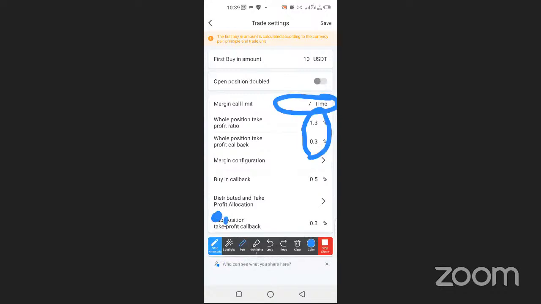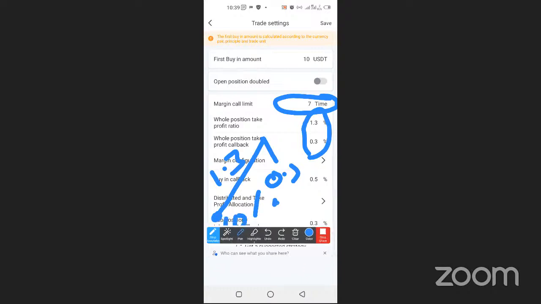If you enter the market with a capital of $10, and the market goes high by 1.3 according to that settings and tries to go down by 0.3, the robot will pay you 1% of what? Of $10.